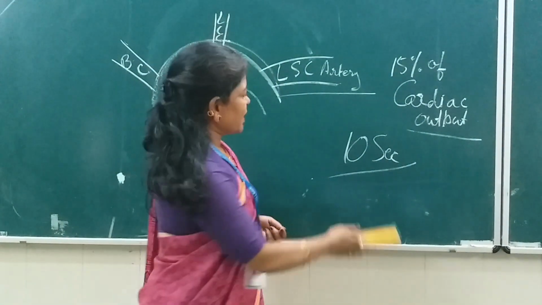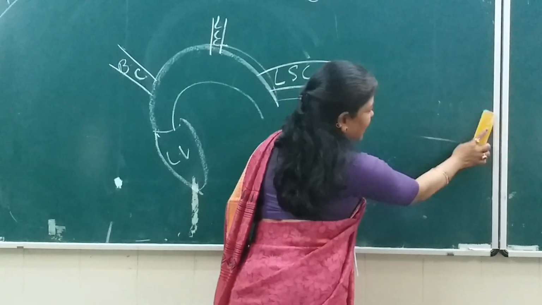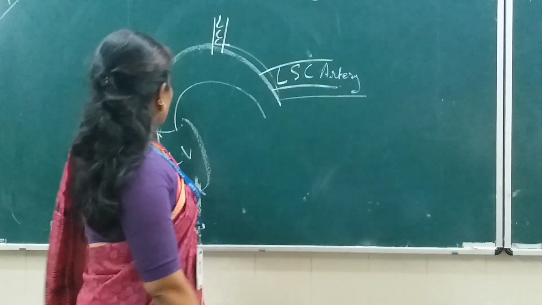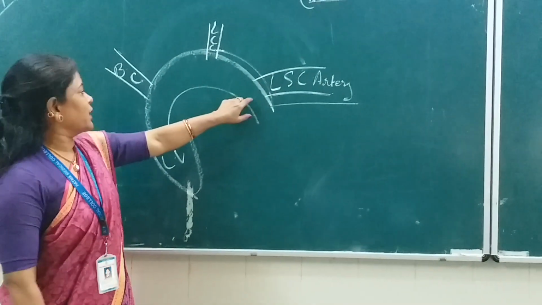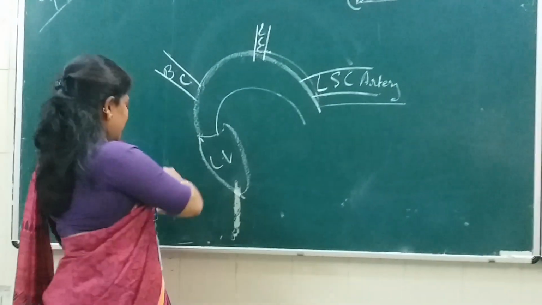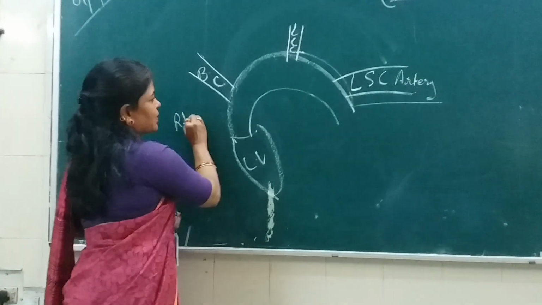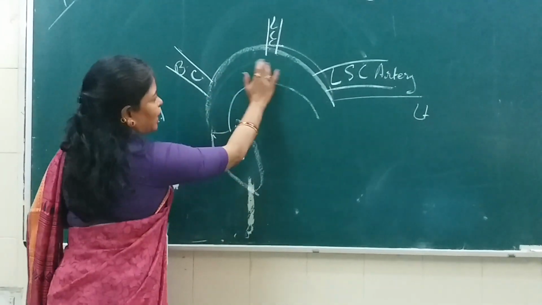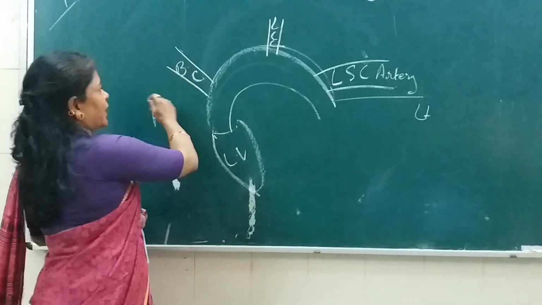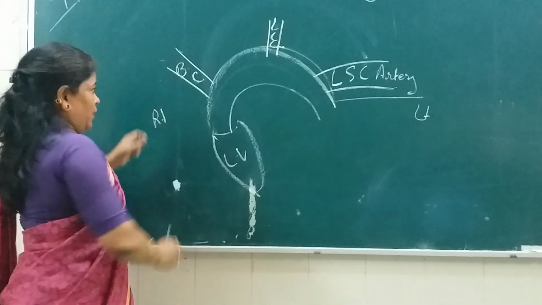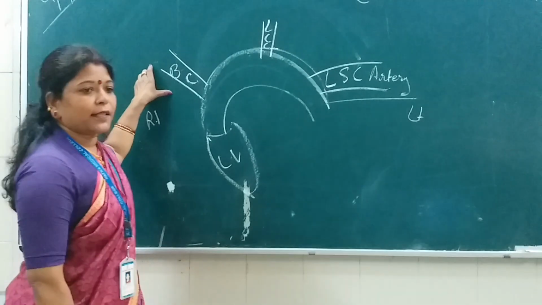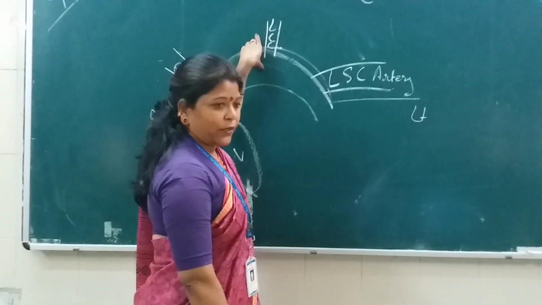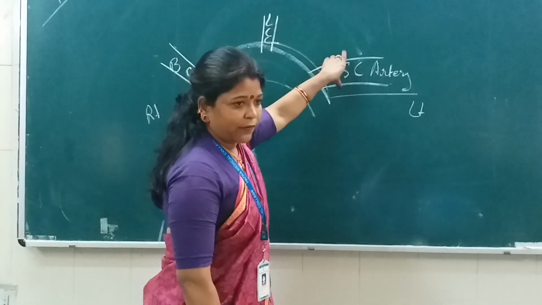Now, what are the major arteries which would be the branches of the arch of aorta? There are only 3 branches here. This is the right side, this is the left side. Here is the left ventricle and this is the arch of aorta. On the right side, it gives a major branch known as the brachiocephalic. Then comes the left common carotid, then the left subclavian artery.